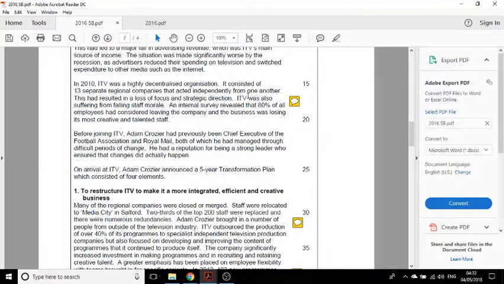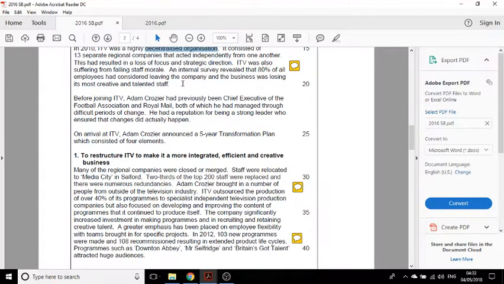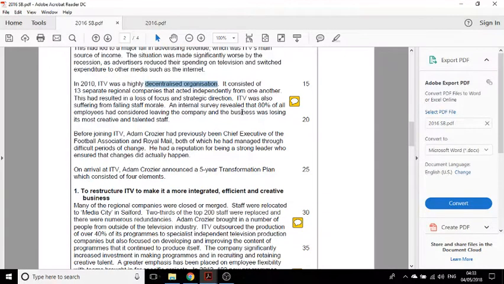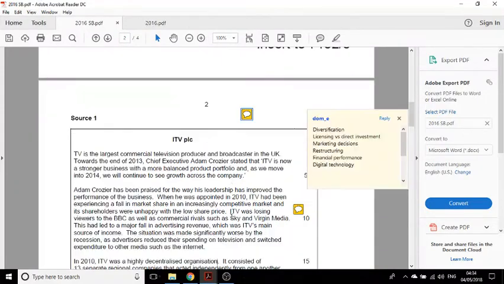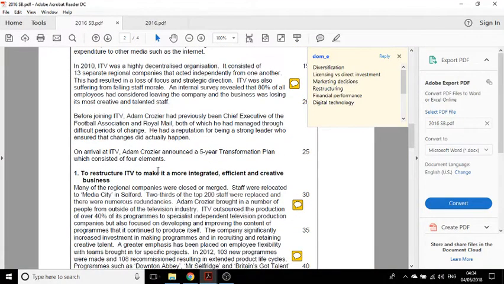There was a question on restructuring. Okay, so I've got information here about the structure of the organisation. I would be reading this relatively quickly because it's in the exam situation, but I would be trying to take on board what it's saying. But as I'm reading it, I'm looking for information on these questions.